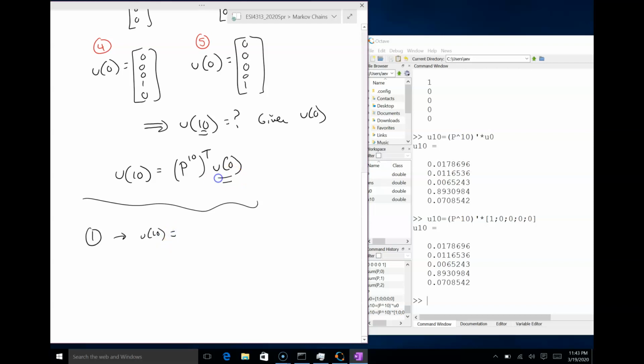You would tell me what u of 0 is, write this whole equation down, and say that's going to be equal to u10. And then all you'd have to do is give me the numbers. It's just multiplication at this point, and certainly you don't even need to go to as many digits as I'm going to. I'm actually going to start rounding to 4 digits.